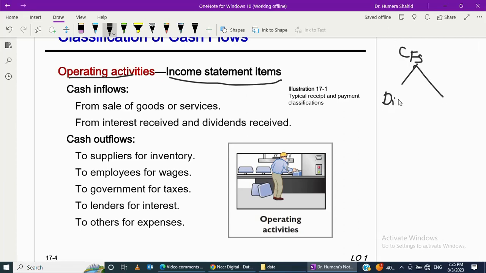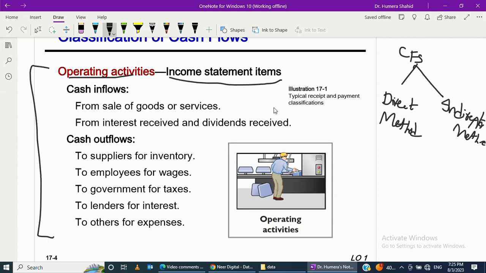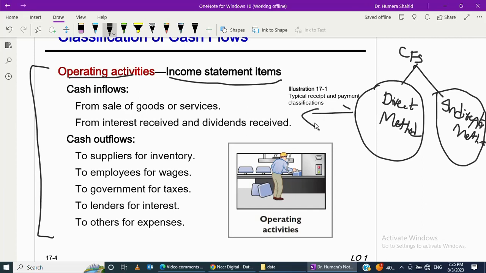One method is known as the direct method and the other method is known as the indirect method. Okay, this example of operating activities preparation is for the direct method. Understand this concept, but practically we will be applying the indirect method numerically. Okay, so right now this presentation is for the direct method.